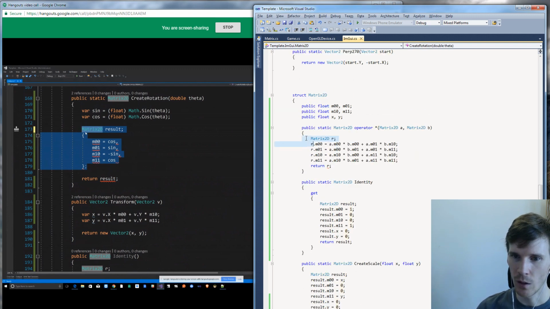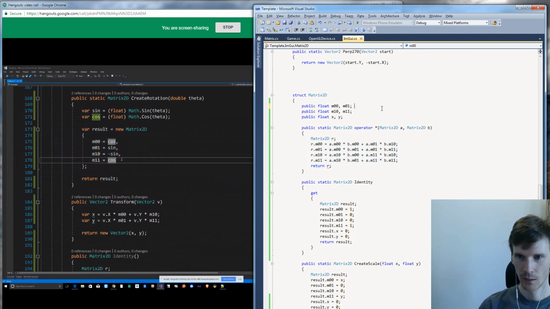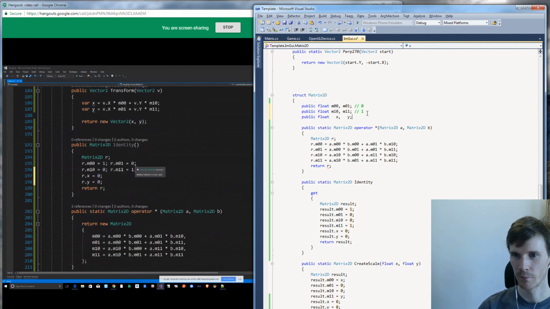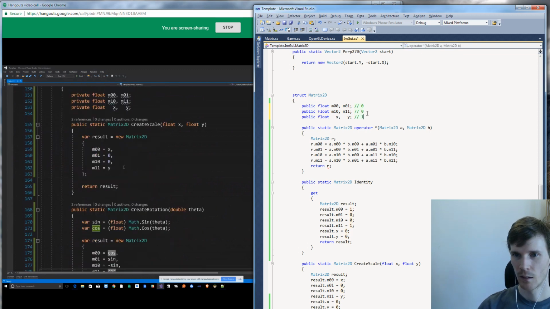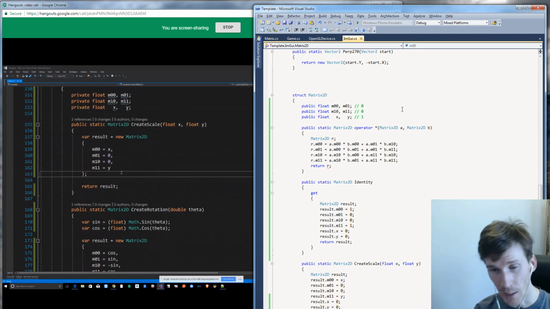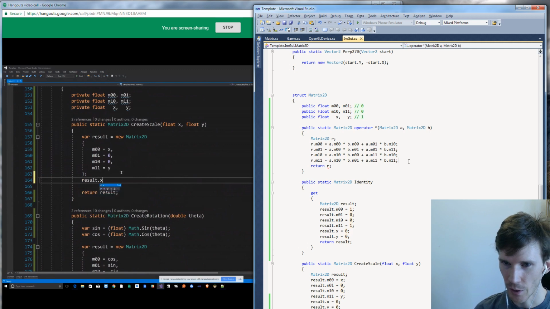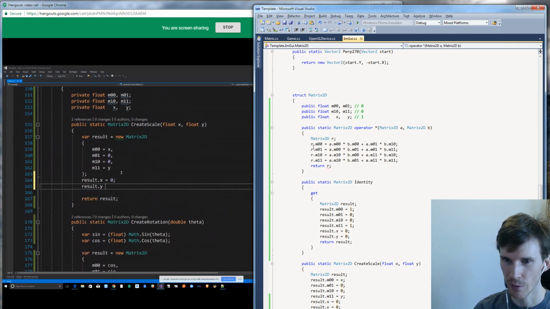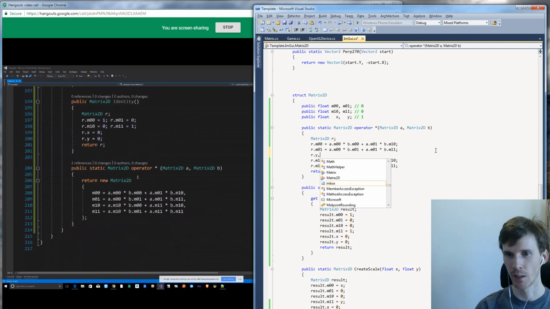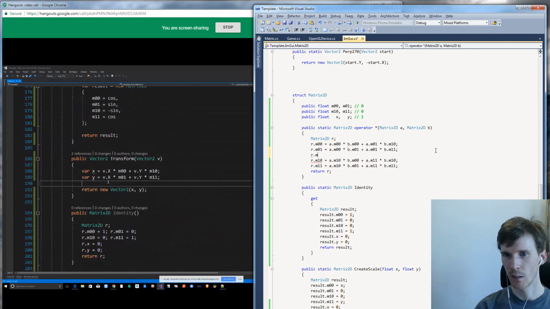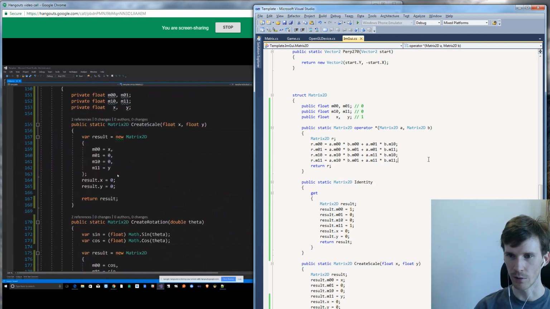Now, for this business here, we have to go and think about what the matrix multiplication looks like. So we already know that we don't have this last row, so we're just going to ignore the fact that we have r dot m 02 equals, well, that's not a thing because we're not storing it, as we covered.